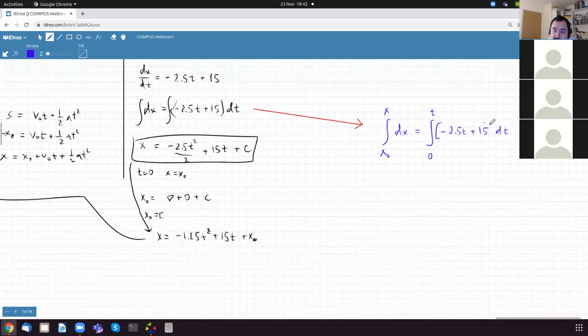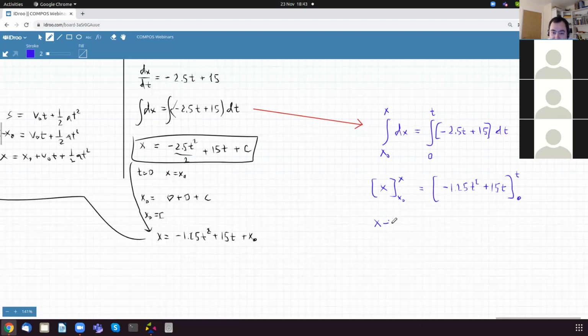And if you integrate that, this is going to be x between limits x0 and x, equal to minus 1.25 t squared plus 15t between limits of 0 and t.